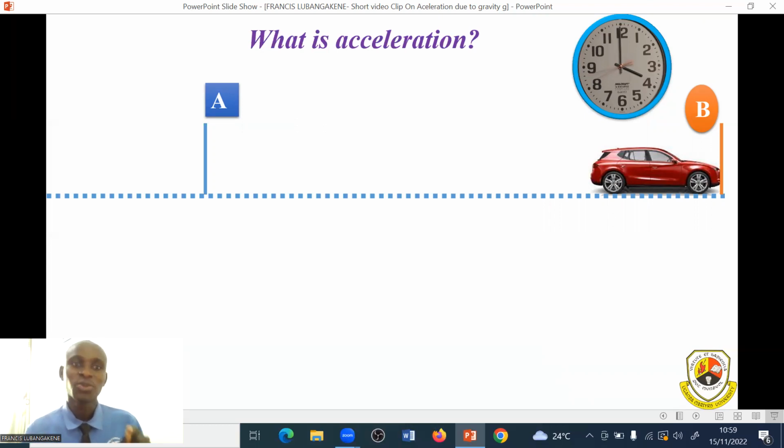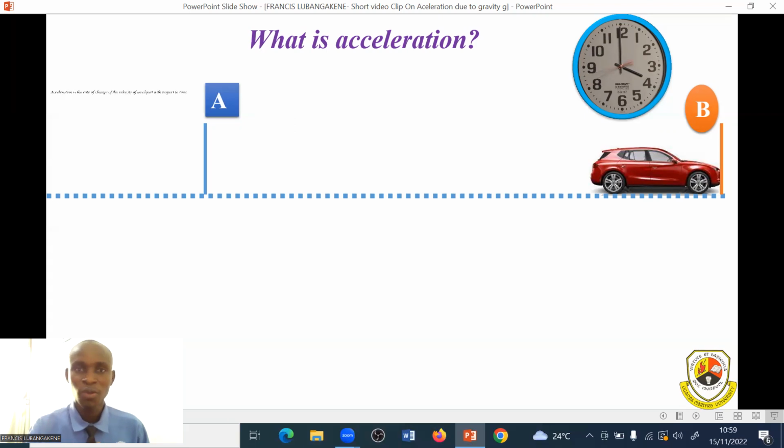So the velocity at point A is our initial velocity, and the velocity at point B is our final velocity. The difference in the velocity gives us the change in velocity. The change in velocity per unit time taken, that is why we are timing our motion, gives us what we call acceleration.